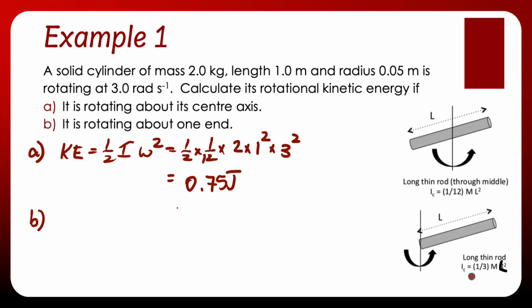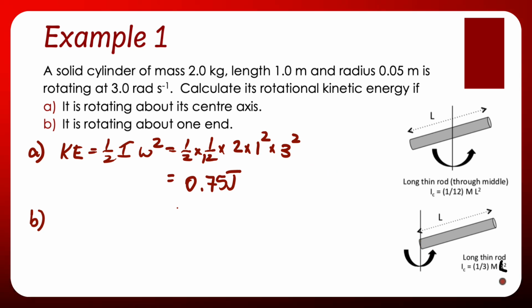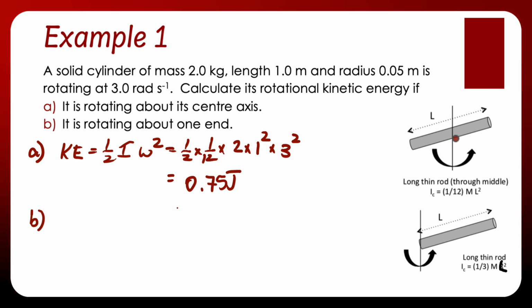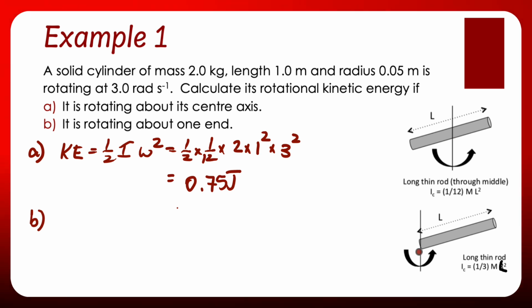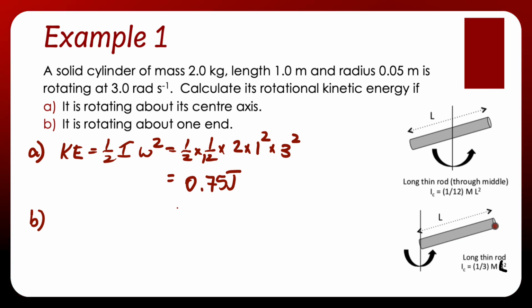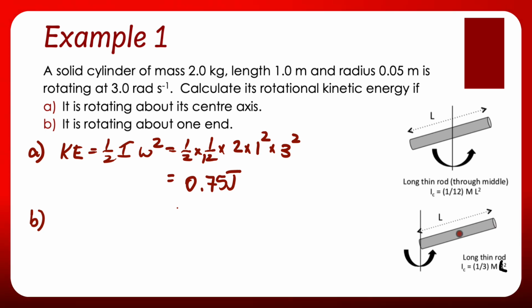Now in part B, it's rotating about one end, and I have a different moment of inertia. If you think about it, the mass is spread out differently. Before, the mass at most was 1/2 L away from the center of rotation, and that would be the average. Now some of my mass is a whole meter away rather than just 1/2 meter.